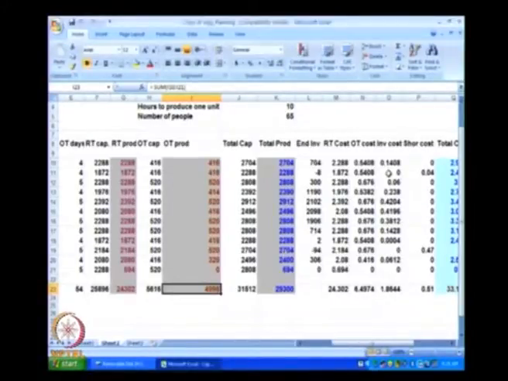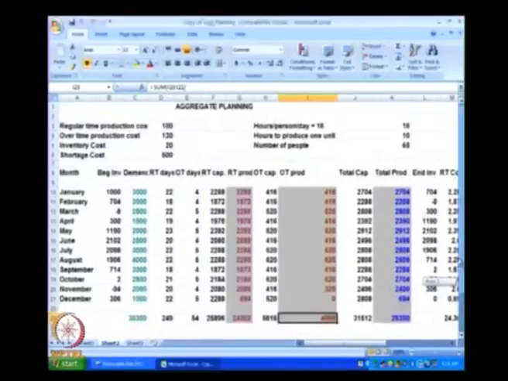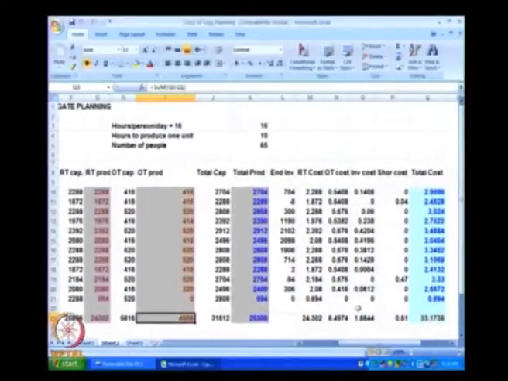There is no inventory cost because ending inventory is negative, but there is a shortage cost: 8 units are short, as ending inventory is minus 8, indicating that 8 units are short. Shortage cost is at rupees 500. So, 8 units into 500 will give us 0.04 lakhs, and the total is 2.4528 lakhs.